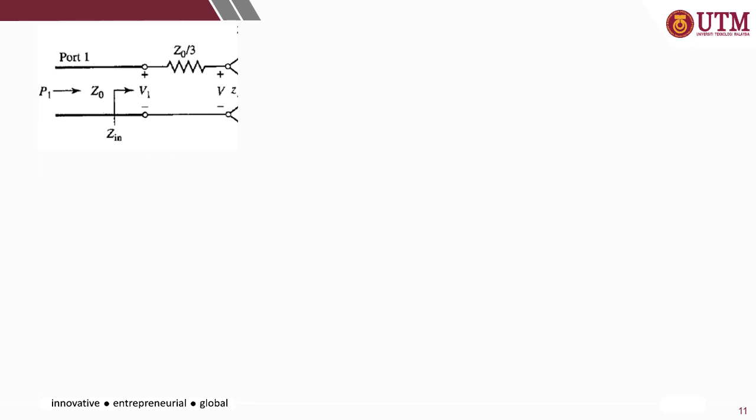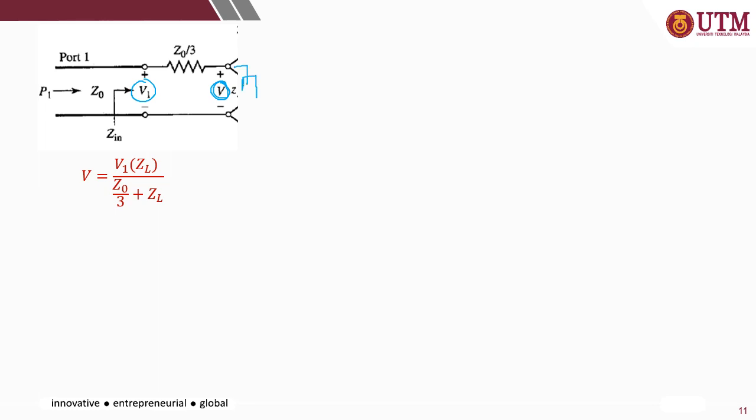So let's look at how much power is delivered from the input point to output port 1 and port 2. We assume that the voltage at this junction is V. So the input voltage is V1. V at this junction, you can use the voltage divider.